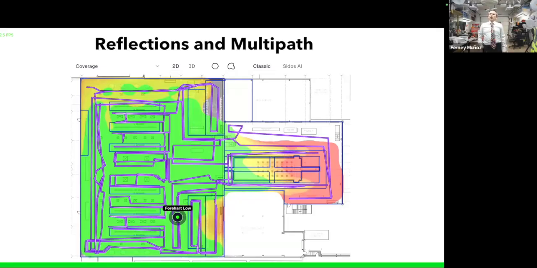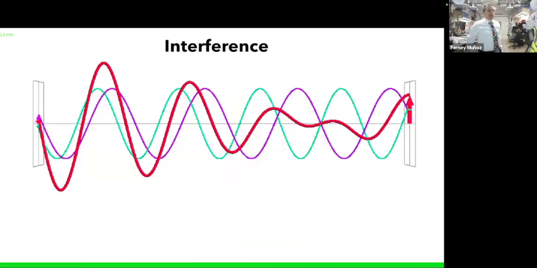It's not Wi-Fi. It's not 10 gigs. It's waves. When we're designing Wi-Fi, we have to go back to these basics. Interference. I know when we hear interference, we think, oh yeah, there are microwaves and cameras and all these other Bluetooth and Zigbee devices.